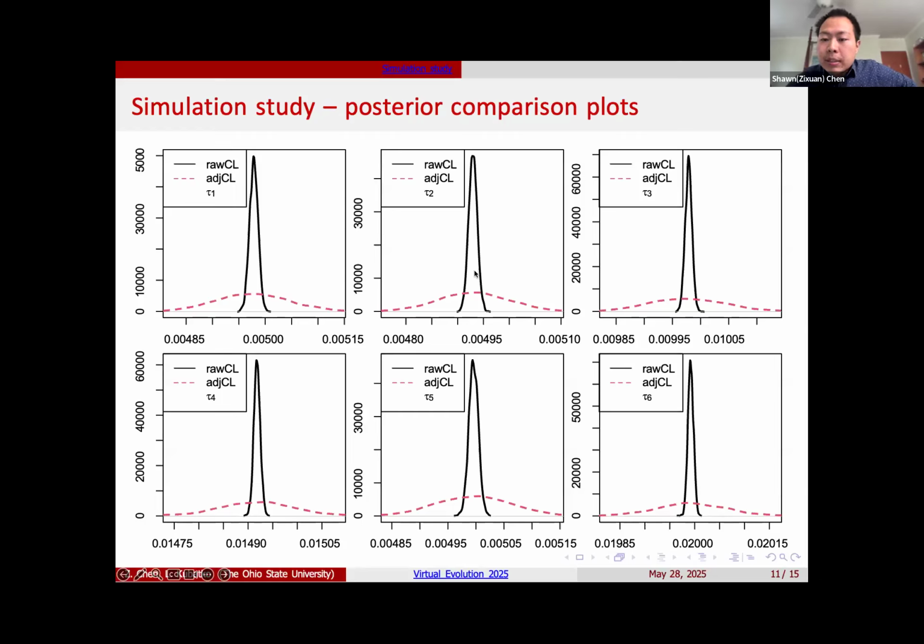So we would expect the empirical coverage of the unadjusted composite posterior to be lower and the empirical coverage of the adjusted composite posterior to match its nominal level. And you can see the posterior from the adjusted composite likelihood is much flatter than the unadjusted composite posterior.